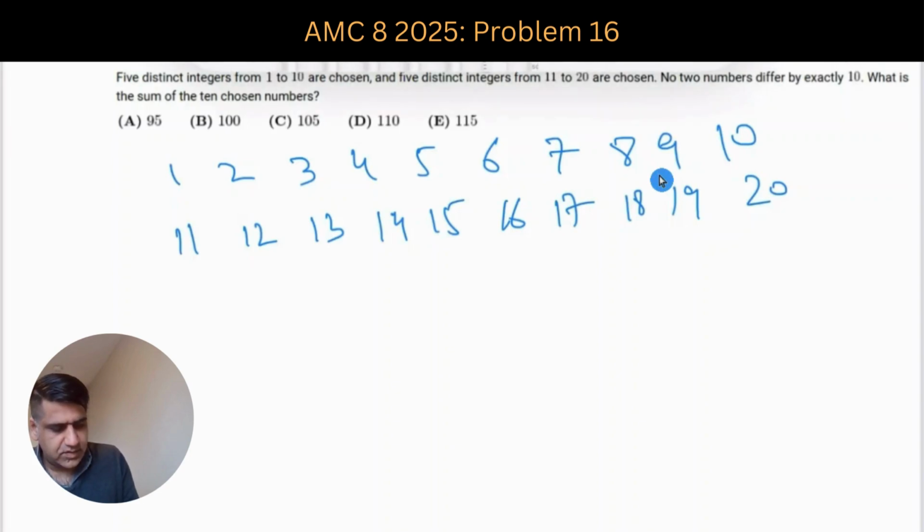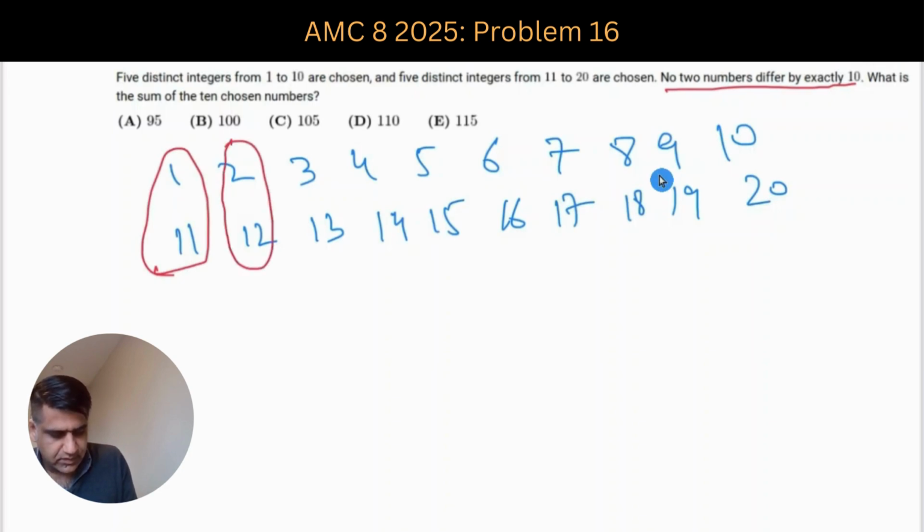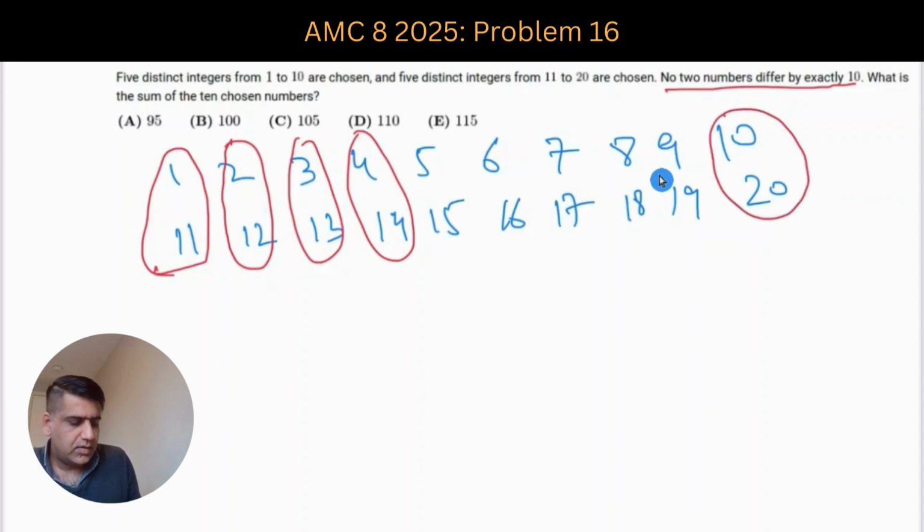The condition that is given is that no two numbers differ by exactly 10. So that means we cannot have these pairs, the ones that I'm circling in red, because all of these pairs, all the way up to 10 and 20, differ by 10. So I cannot have these pairs. What other options do I have?